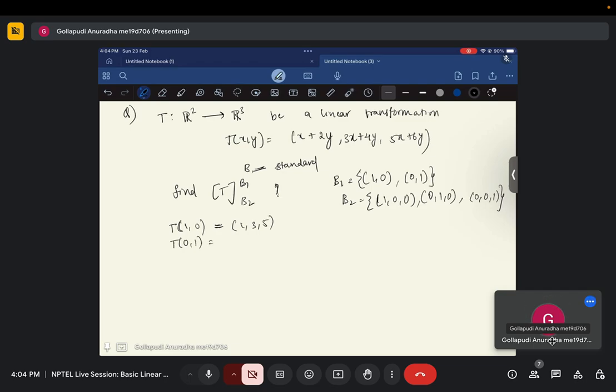When you substitute, you are going to get 2, 4, and 2, 4, 6. For the first column, we'll take the linear combination basically.